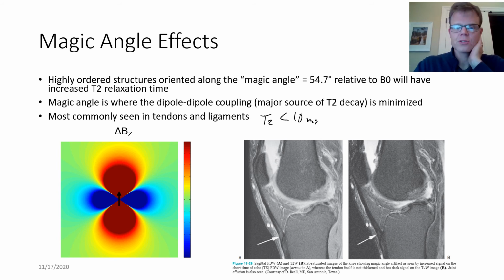When these tissues are oriented at a certain angle relative to the magnetic field, the so-called magic angle, their T2 value will go up substantially.